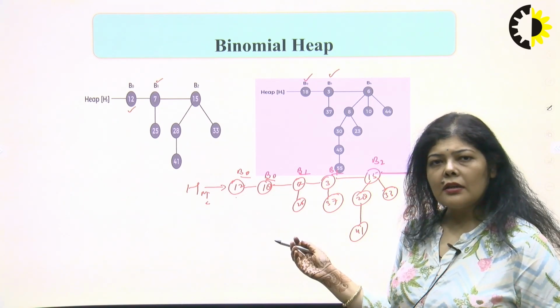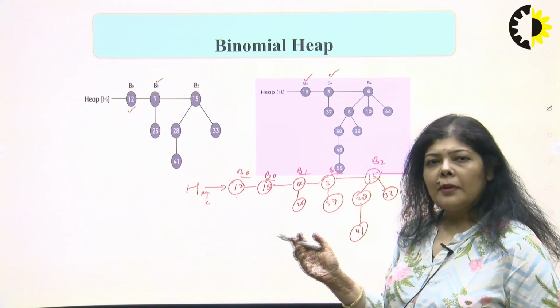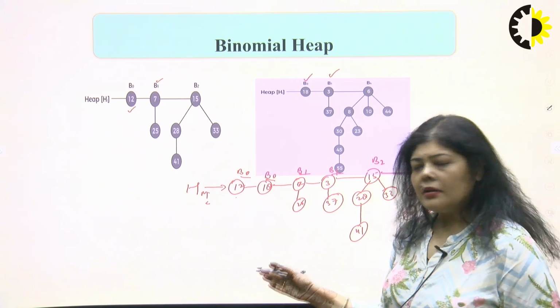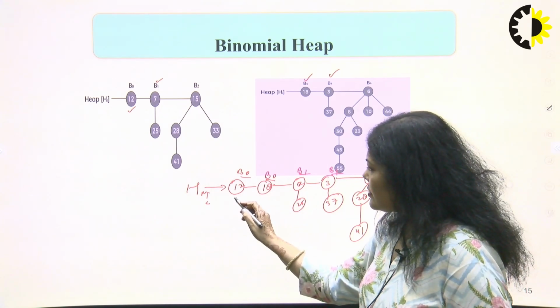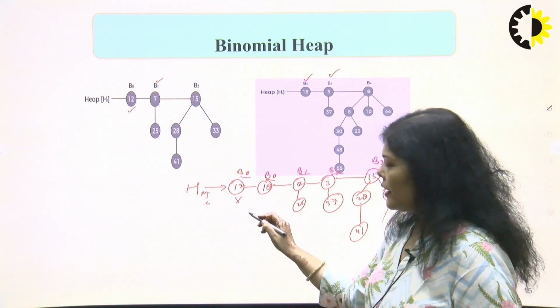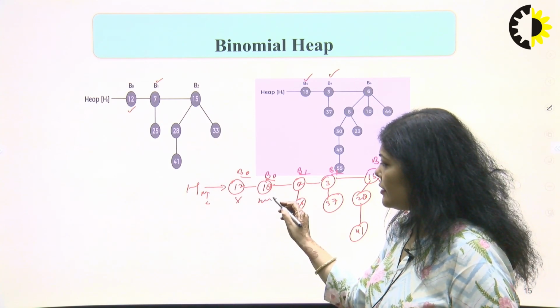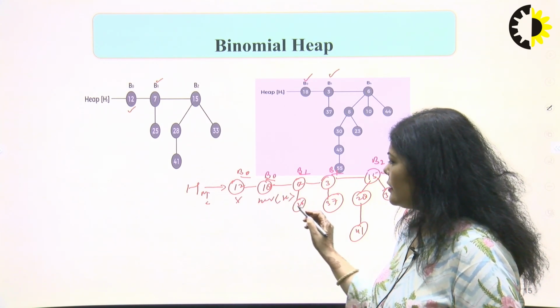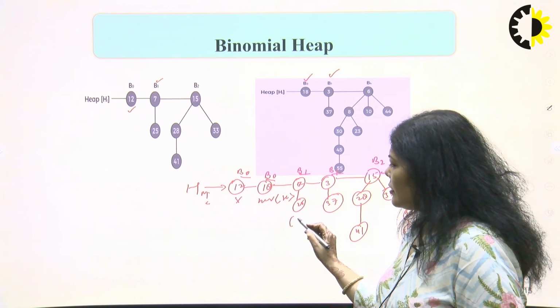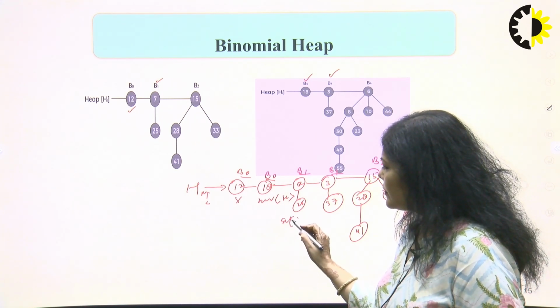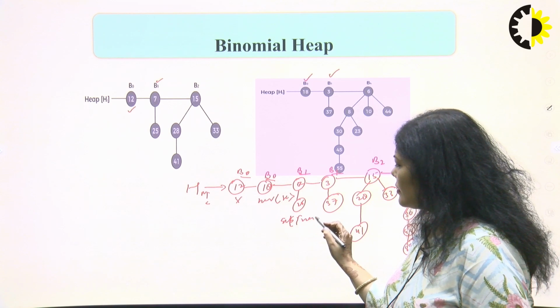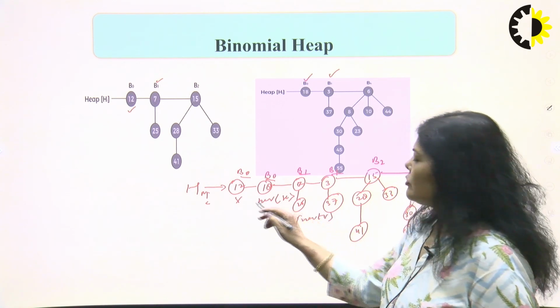So in that case, we need to apply one of the 4 cases here. How are we going to apply the cases? I will take it as x, I will take it as next x, and this becomes the sibling of next x. Now you need to apply the cases.